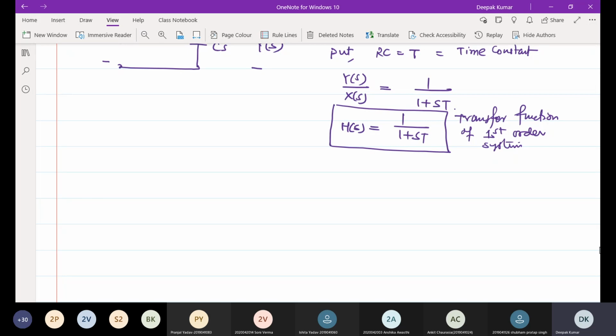Now what will be the impulse response of this first order system?